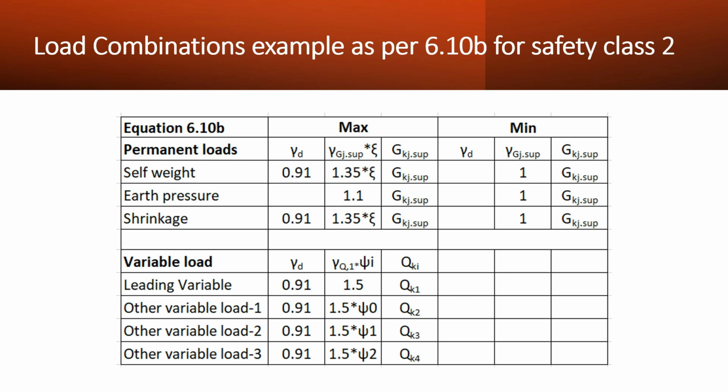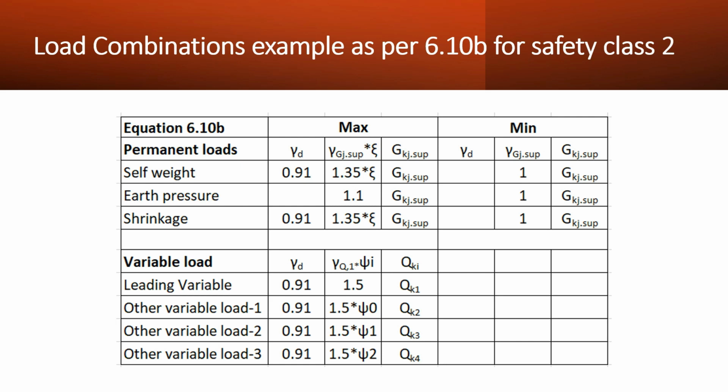For the variable loads, your safety class factor will remain the same, but the only change here is that your main variable load will not be multiplied by any psi factor. Your main leading variable load in equation 6.10b will be directly multiplied by 1.5 without any reduction factor. So that is the reason generally equation 6.10b forces are worse, but we have to check both cases, equation 6.10a and 6.10b.